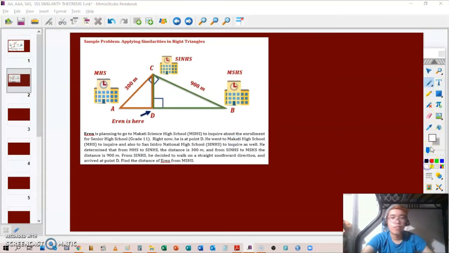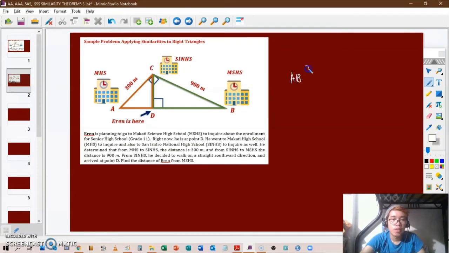Since triangle ACB is a right triangle, AB squared is going to be equal to AC squared plus CB squared. We solve first for the value of AB, and after solving for AB, we can solve for the value of DB, which is what we want. So AB squared is equal to 300 squared plus 900 squared.